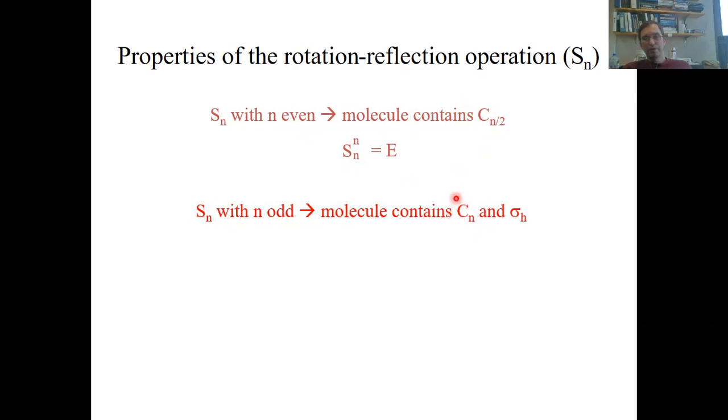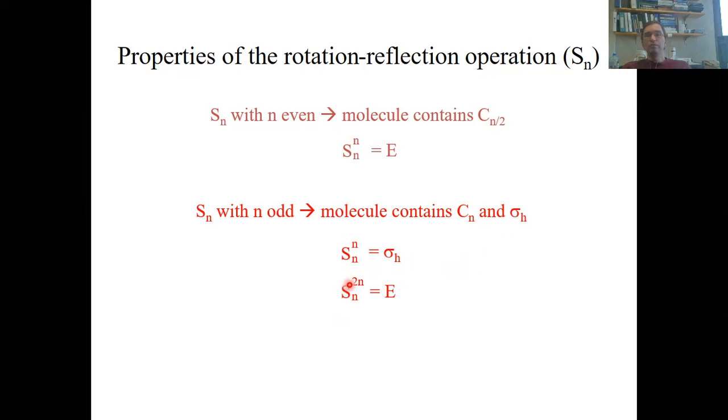must contain also a proper rotational axis of the same order, and it must also contain a horizontal mirror plane. So in this case, when we rotate n times, we only produce a molecule which is identical to a molecule that we would have produced through a reflection at a horizontal mirror plane.